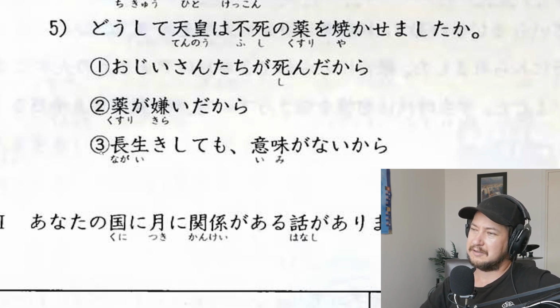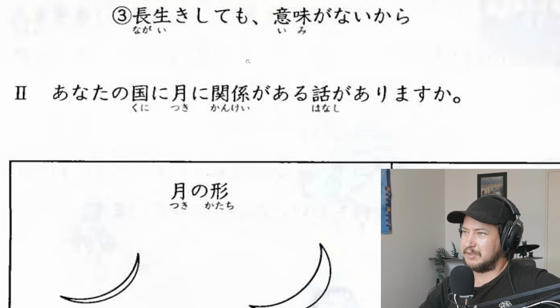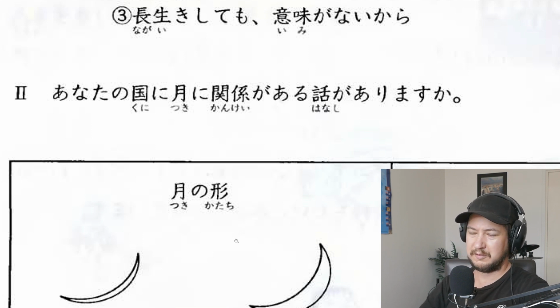So I would say number 3. He could live a long life, but he was really into the princess. He couldn't live without her.